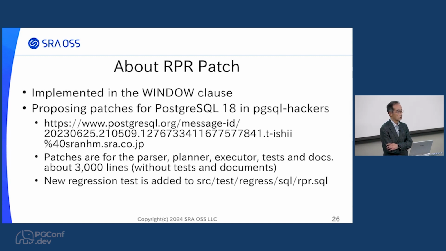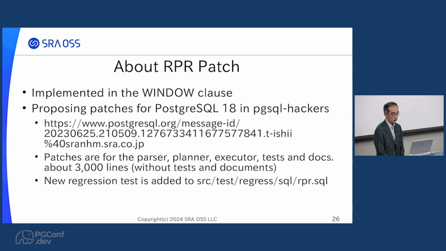If you are interested, you can download the patches and apply them to the master branch. Currently, the patches are for the parser, planner, executor, and tests and documents. So the patches cover nearly all systems of Postgres.